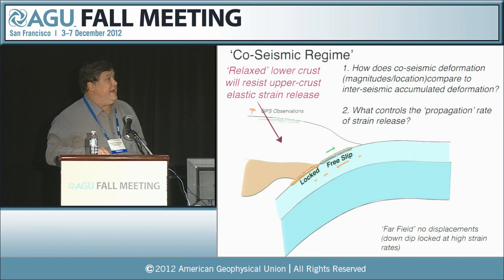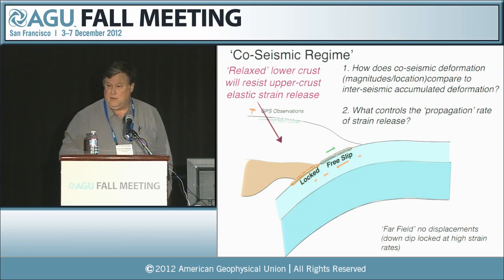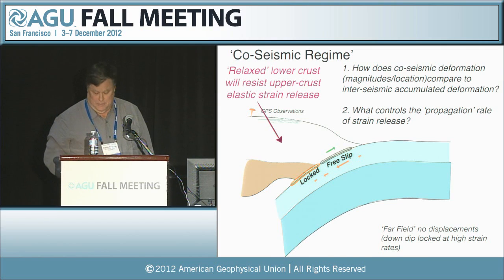And so during any elastic strain release up here, that would require we also then load elastically the lower part, which was previously relaxed. It doesn't have built-up strain to be released.